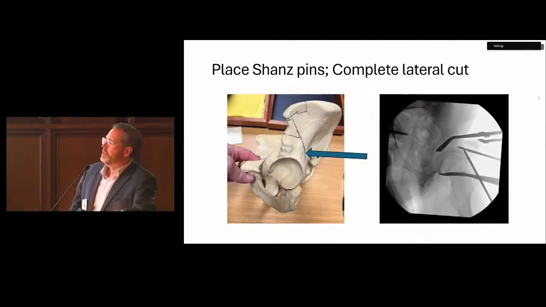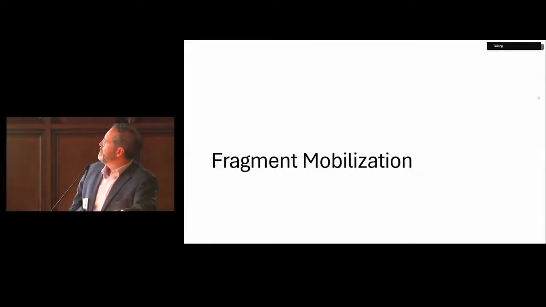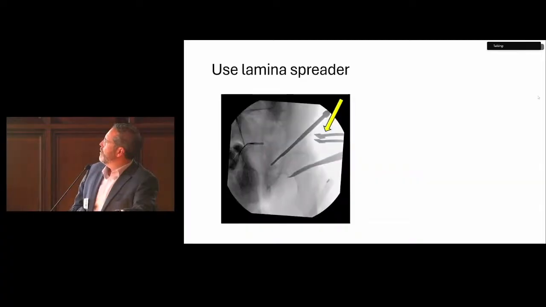I think it helps in all planes. I've not used the 3D planning software and the cutting jigs, but maybe in the future. So fragment mobilization using the large lamina spreader as you're doing your posterior column cut can be helpful in helping it find its way down to your initial ischial cut.